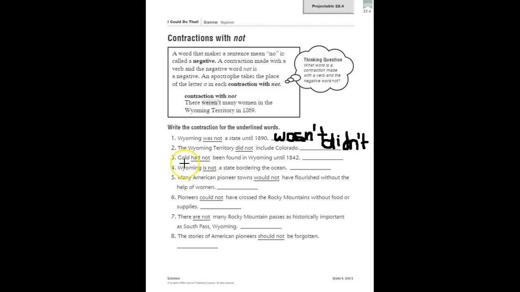Let's do one more. Gold, sorry, I can read. Gold has not been found in Wyoming until 1842. What is had not if we write it as a contraction? Becomes hadn't, right? So we have our base word or our verb, hadn't.